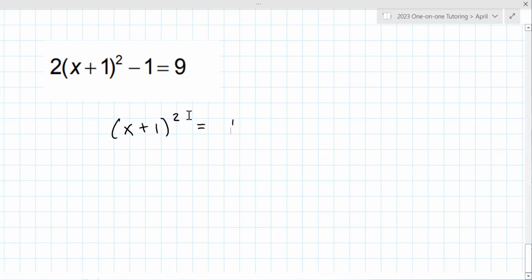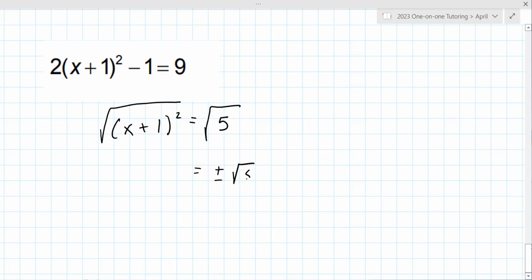So let me get this down. It is this. And you're going to take a square root of both sides. That's when you put the plus or minus in front, but you don't know the square root of 5. And the root on the left does go away.